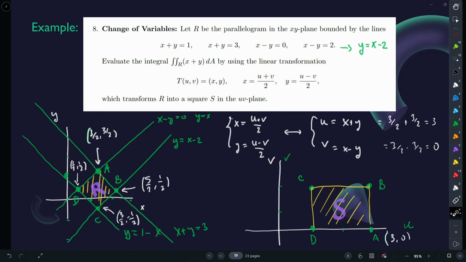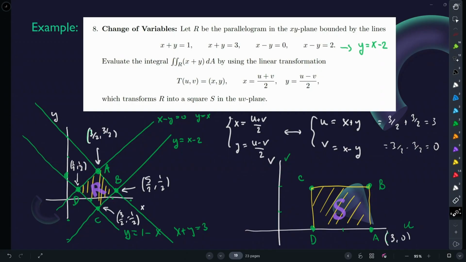You are figuring out what the limits of integration are. It's not given. You're plugging in the limits of those lines, right? You're saying, okay, suppose that x plus y equals 1, and you're putting some limits yourself to figure out what the limits of integration can be. Okay? All right.